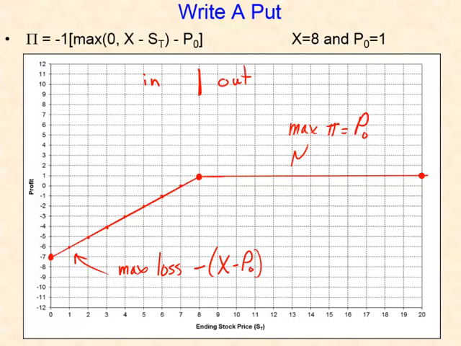For puts, the loss can be large, but there is a limit to it. We can also see the break-even point for the put writer. Break-even occurs when we have 0 profit. And so the break-even occurs when the ending stock price is equal to the exercise price minus the initial premium.